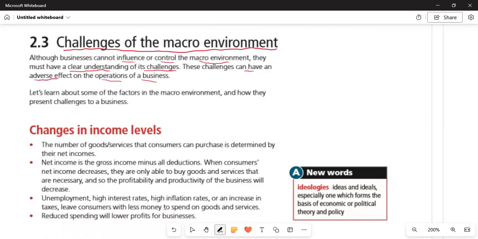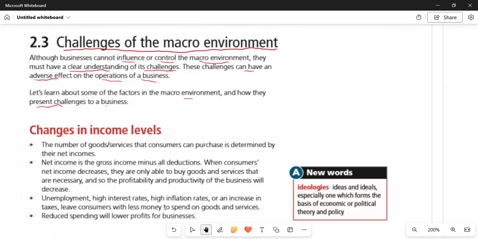We know very well that business has no control at all over the macro environment, but businesses are advised to understand these challenges. Let's learn about some factors in the macro environment and how they present challenges to a business.